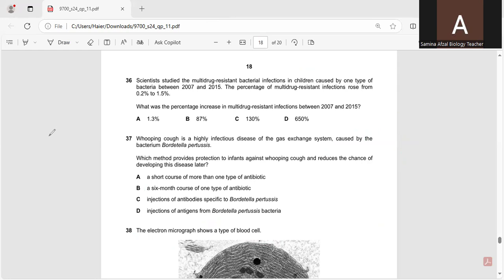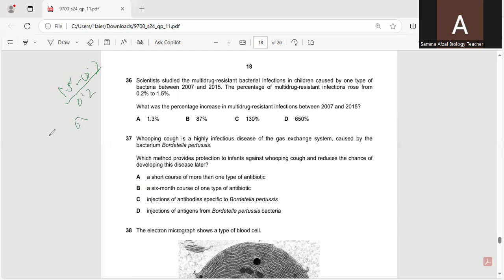So 0.2% to 1.5%. So we will calculate in this way: 1.5 minus 0.2, and we will divide it by 0.2.